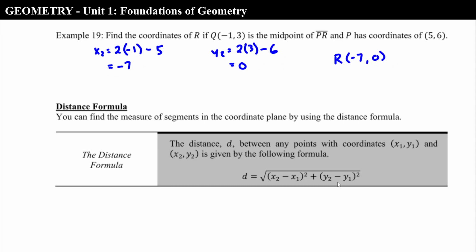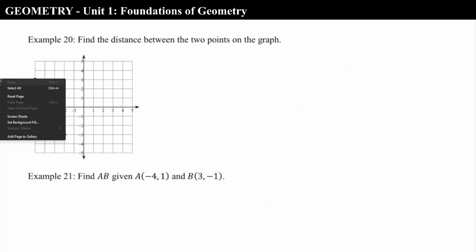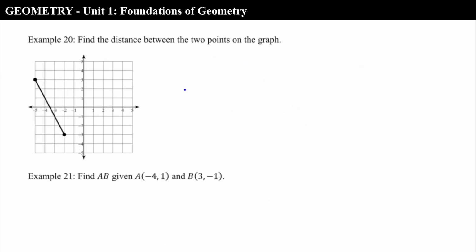So let's use this formula. So in example 20, we are asked to find the distance between the 2 points on the graph. Well, we can find what those ordered pairs are. Okay? We're going to do our x1, y1 coordinates and our x2, y2 coordinates.